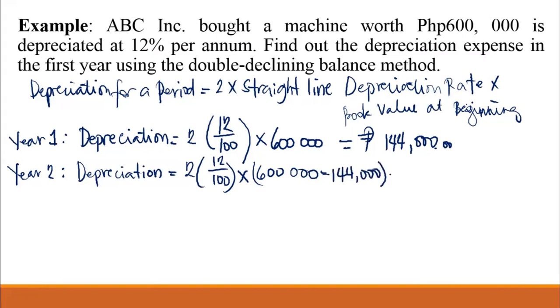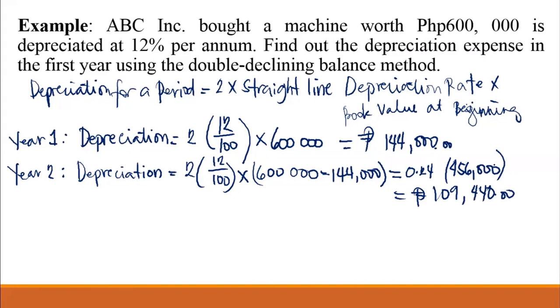Okay? So this is equal to 0.24 times 456,000. So this is now equal to 109,440 pesos. So that is the depreciation of the machine on the year 2.